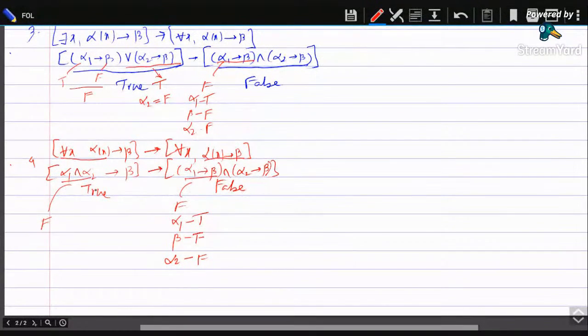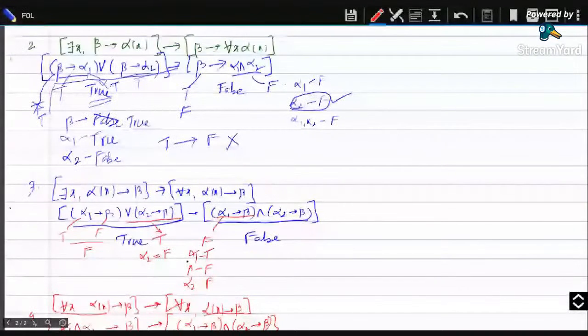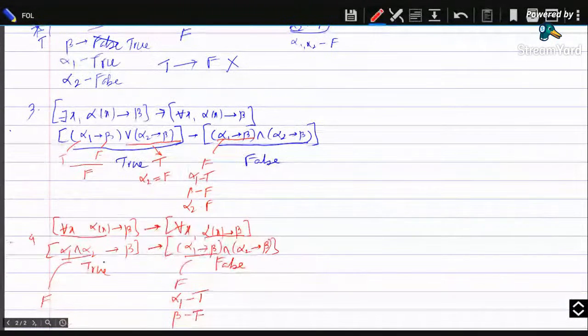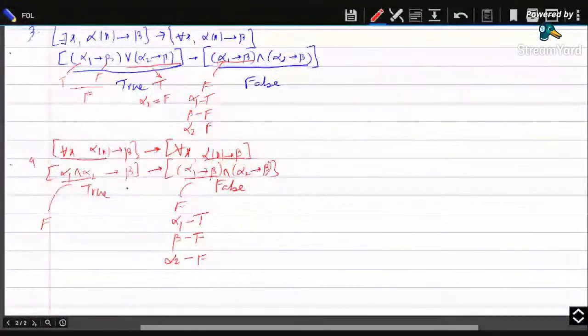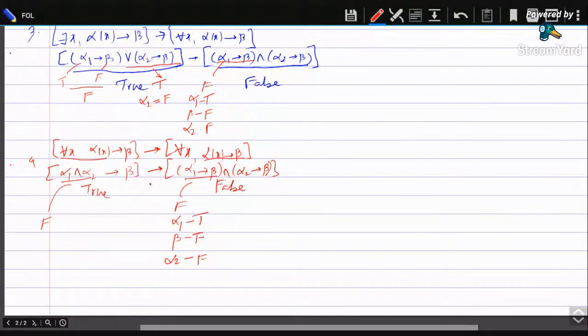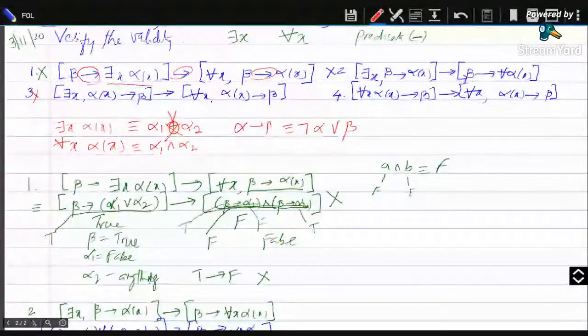Therefore, this one is also invalid. So this is true, this is false. So there is some value of alpha 1, alpha 2, and beta such that this left hand side can be proved to be true, right hand side can be proved to be false. So for this combination, this doesn't hold. Therefore, we can say that this is also not a valid one.